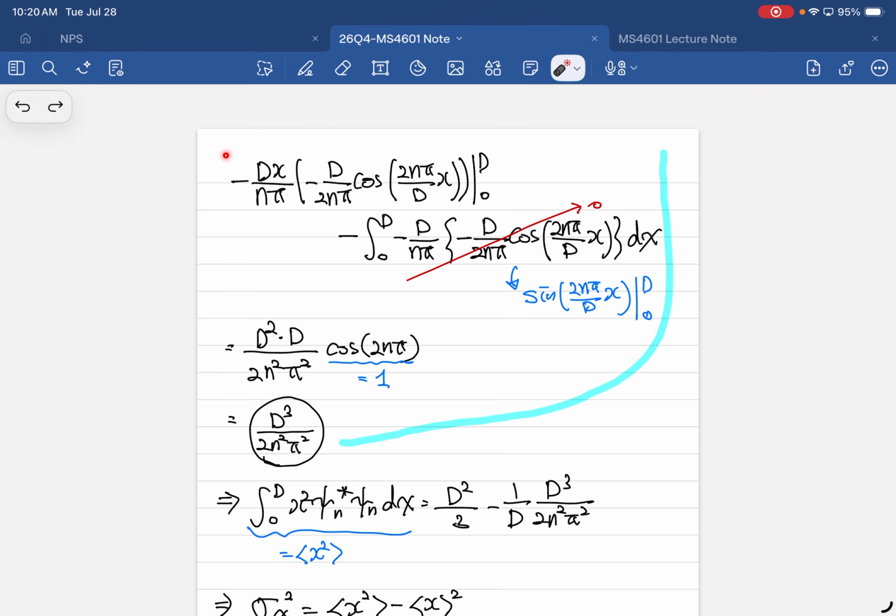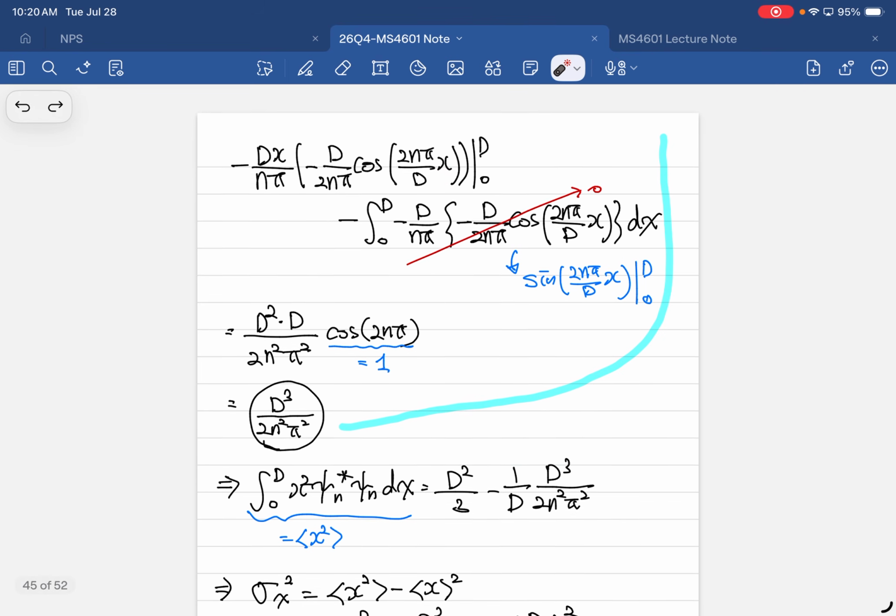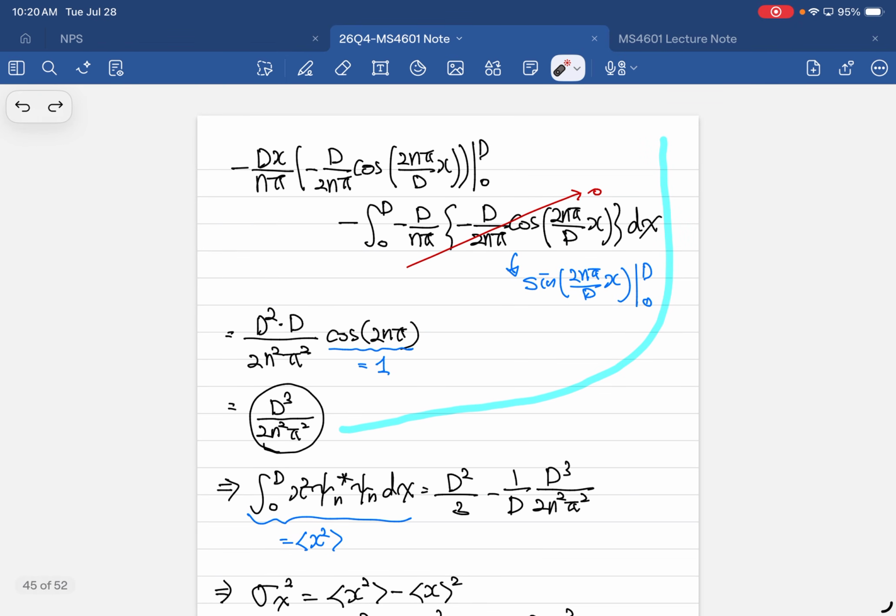If d goes inside, cosine 2nπ is essentially 1. And 0 going inside here is essentially a 1. So it becomes d squared times d over 2n squared π squared cosine 2nπ.